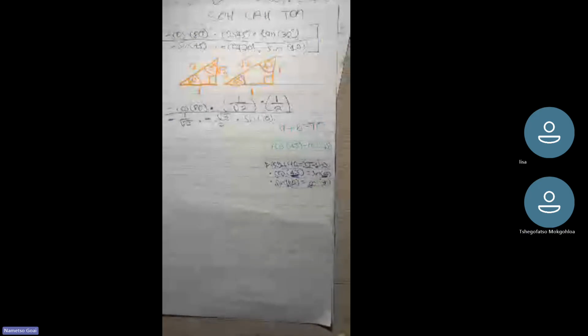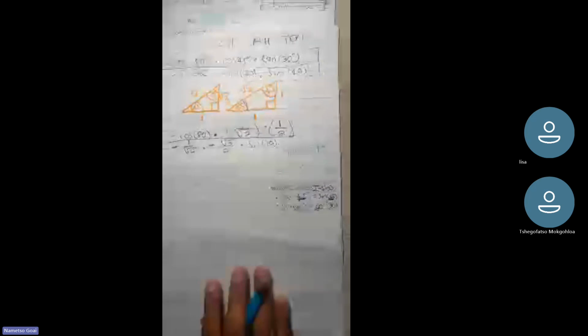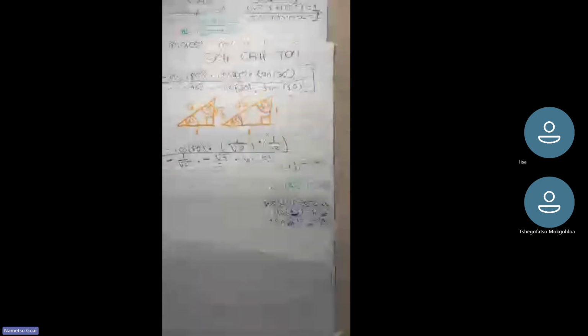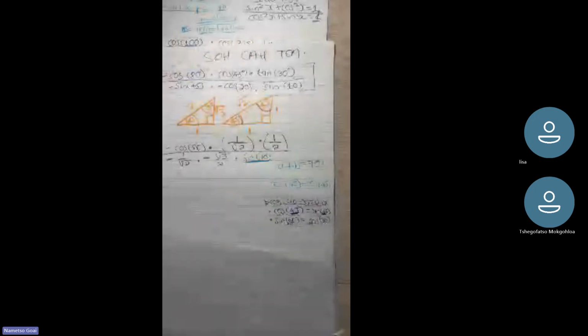Similarly, if we come to this question over here, we have a negative cos 80 at the top, and at the bottom we have a sine of 10. If you're doing expressions, you should try by all means to do operations that will eventually lead to the numerator canceling out with the denominator.